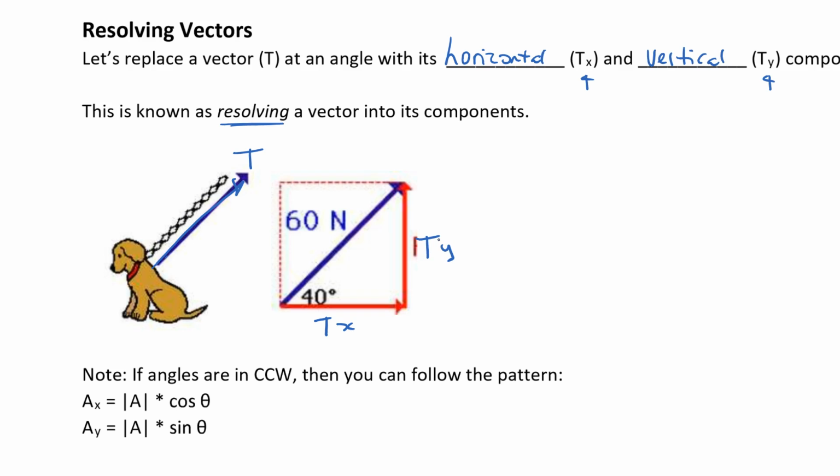If we were to think about our diagram here, we'd say, okay, the cos of 40 degrees, cos is equal to the adjacent over the hypotenuse. In this example, the adjacent would be my x direction, and my hypotenuse is 60 newtons. Or I could also just say the tension force to begin with was 60 newtons. So my x would be equal to 60 multiplied by the cos of 40 degrees.